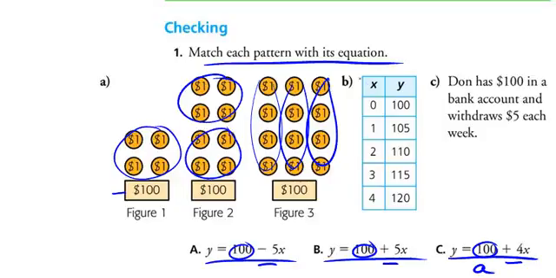Pattern B has, again, a constant of 100, so when x is 0, y is 100, and as x goes up, y also goes up, so there's a positive rate of change, and it's going up by 5 each time, so that must be pattern B. And Don has 100, he's withdrawing $5 each week, so the rate of change is going down by 5, so that must be pattern C.